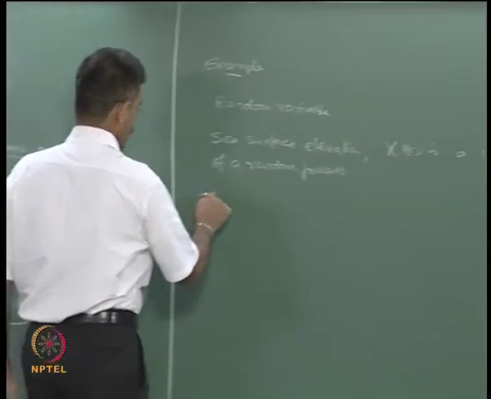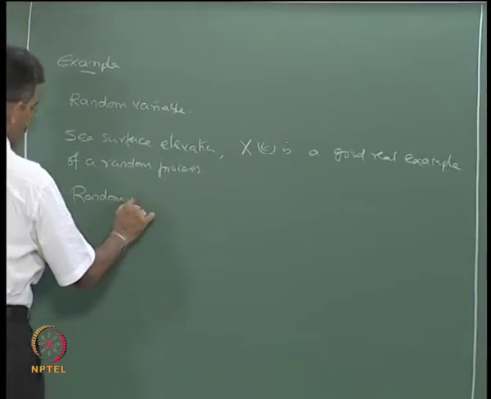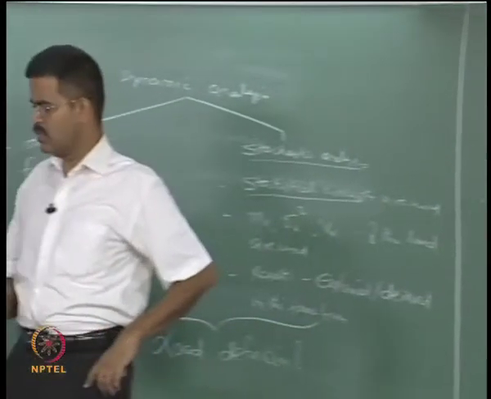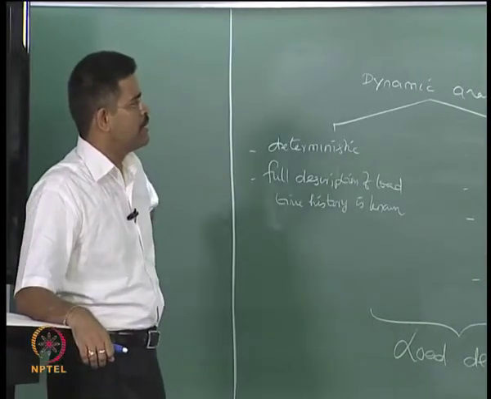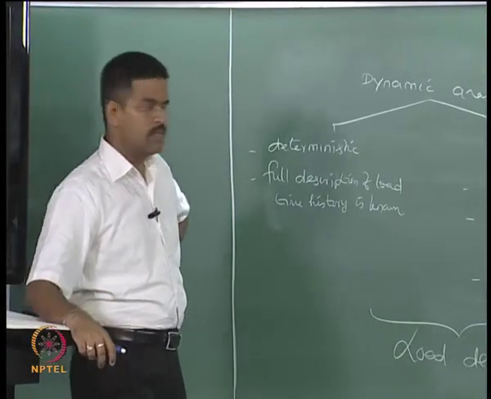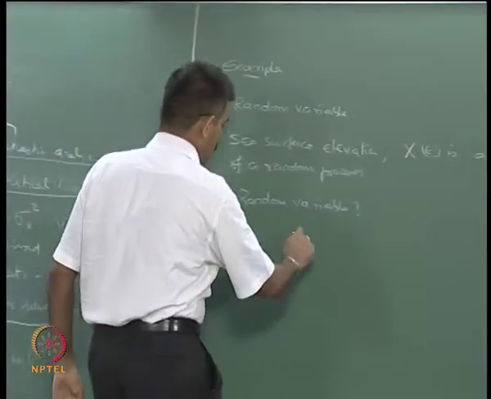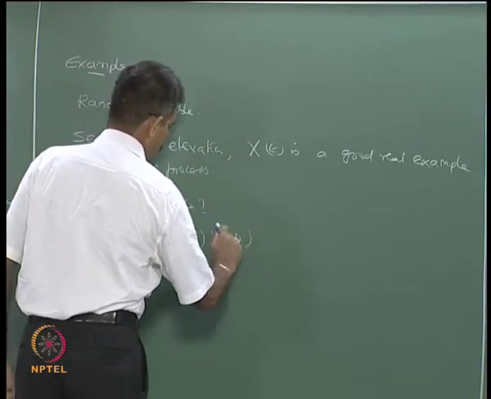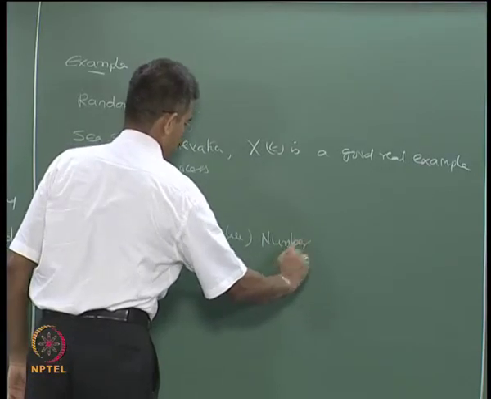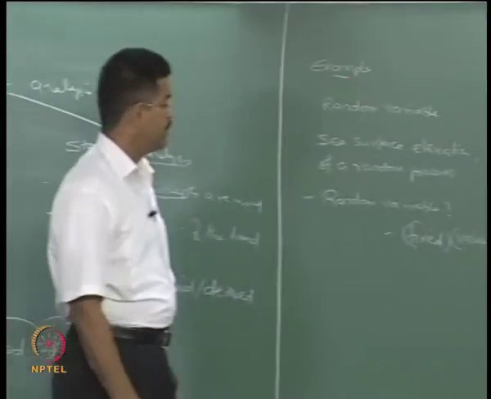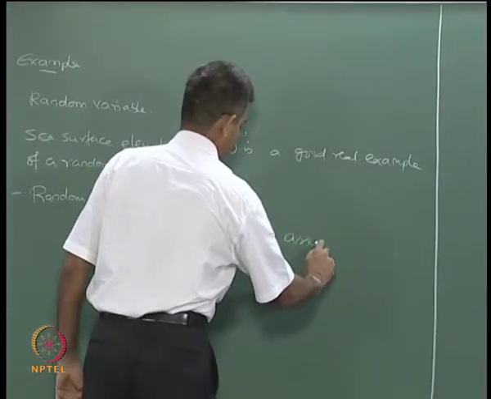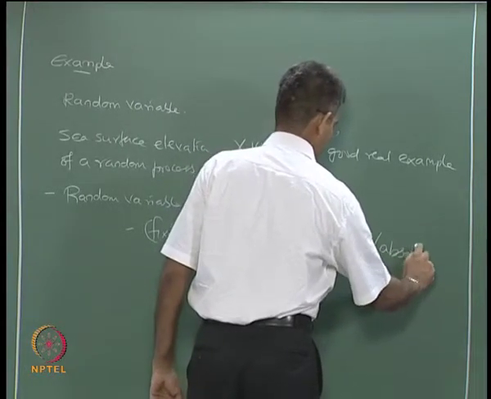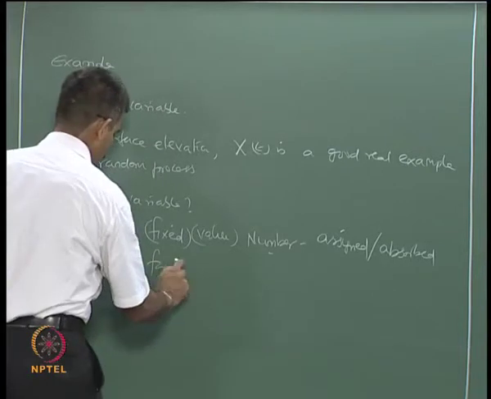Actually, a random variable has a very classical definition. Many authors and books refer to it slightly differently. I will give a very simple definition: a random variable is a fixed number assigned or observed for a variable.